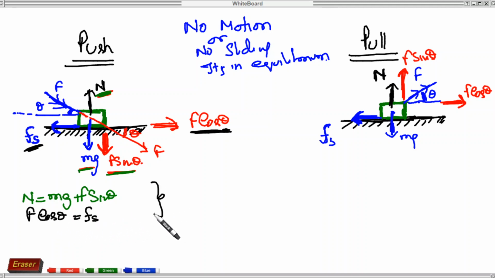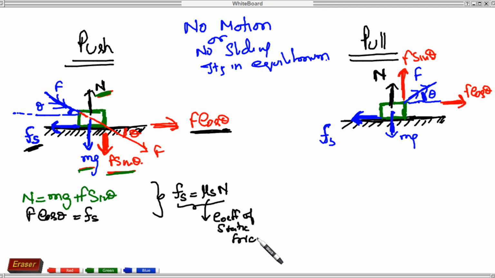And as I told you yesterday, Fs is mu s N, where mu s is the coefficient of static friction. Let's substitute all these things.